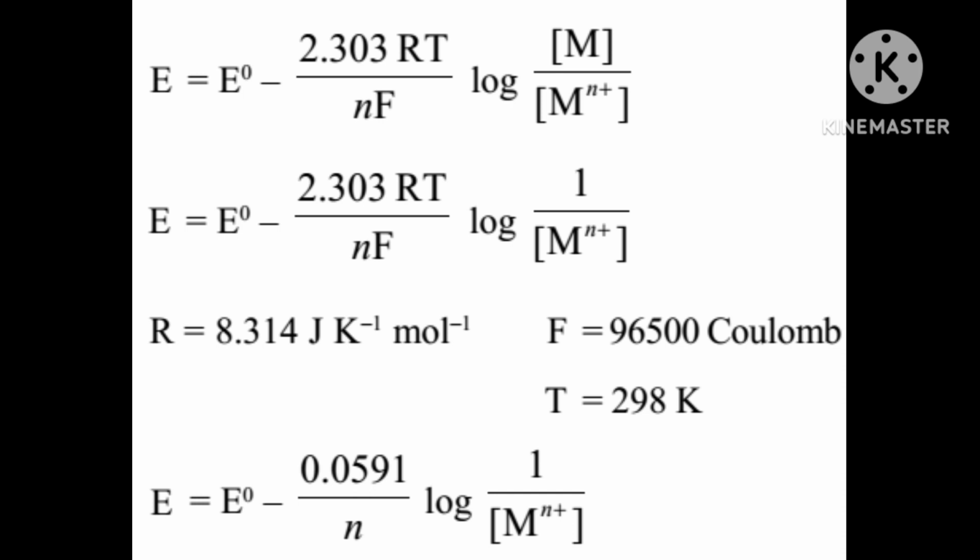Generally the result will be in minus term, but you should write plus only if you are confident. When you make a change, meaning the denominator you bring upside and the numerator down, then the sign will change. Only this you keep in mind. Okay, then this you have derived. This is the final derivation you have done for Ecell.